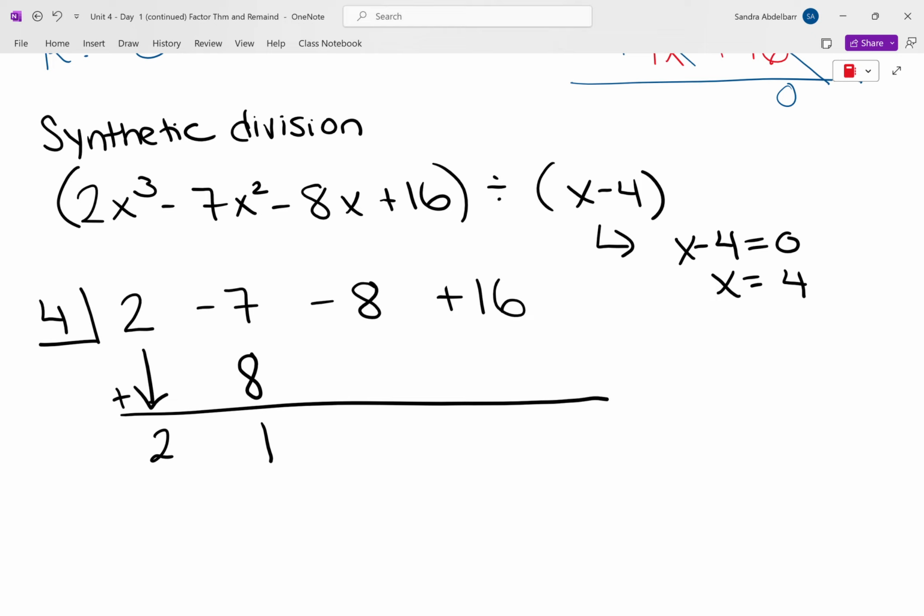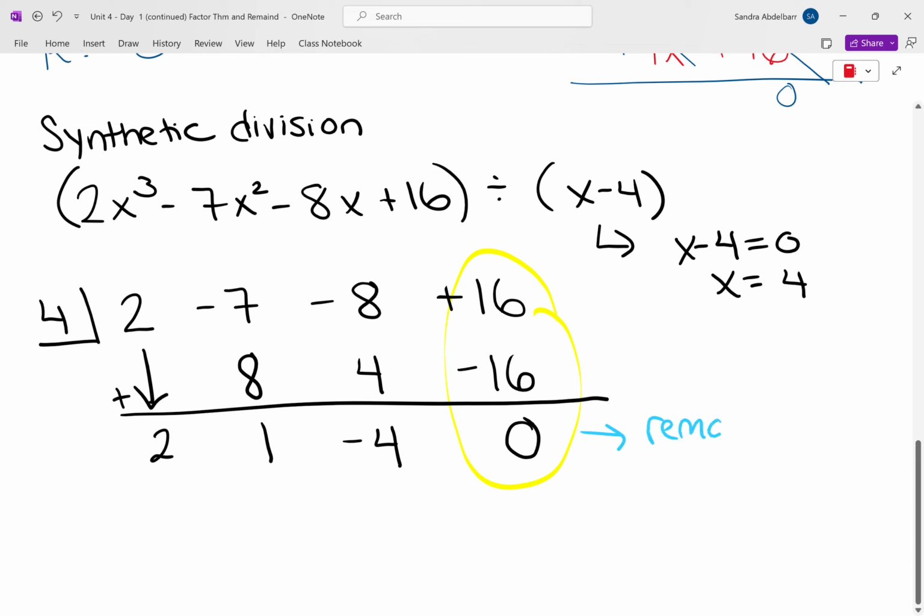Now you take the number under the line and multiply it by the box. 1 times 4 is 4. Now you add this column. Negative 8 plus 4 is negative 4. The number under the line gets multiplied with the number in the box. Negative 4 times 4 is a negative 16. 16 plus negative 16 is 0. Remember, the last column represents our what?